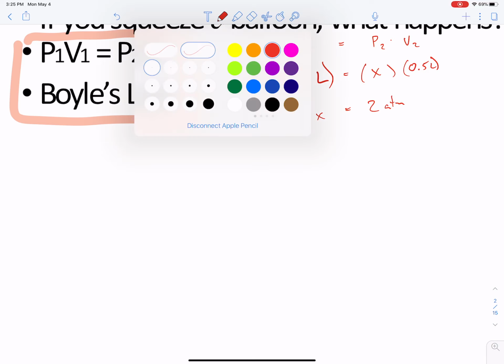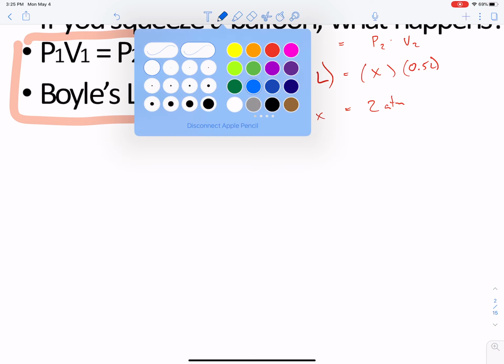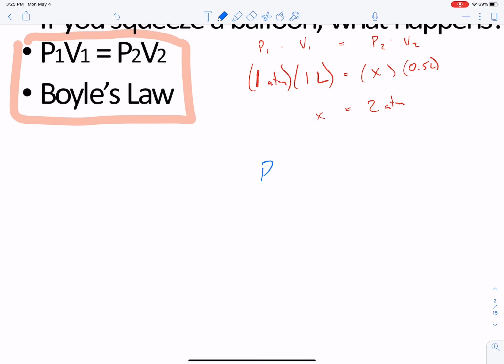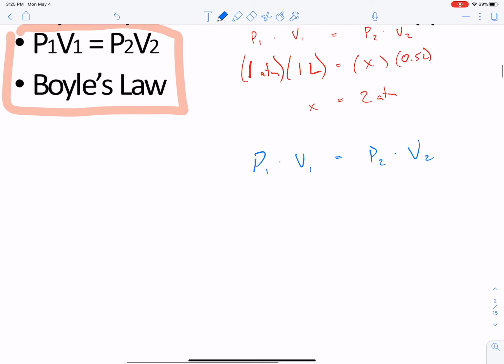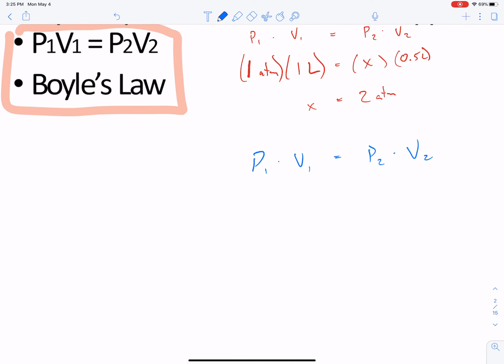All right, so let's think about this. When we start dealing with bloating, we still have P1 times volume 1, and that's equal to P2 times volume 2. So bloating, by definition, is where the volume increases. So let's say we have a pressure of 1 atmosphere.